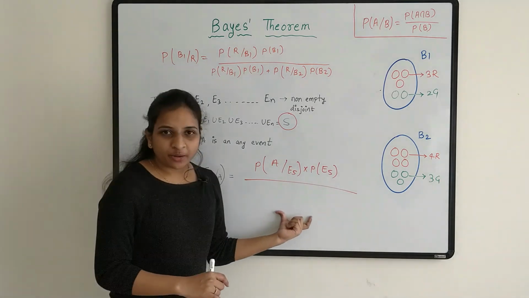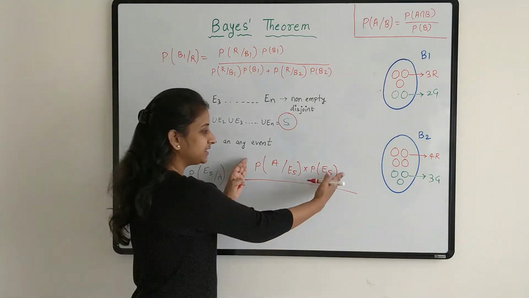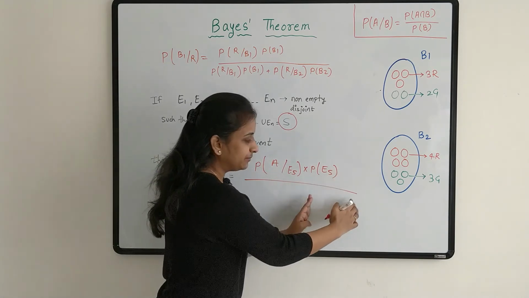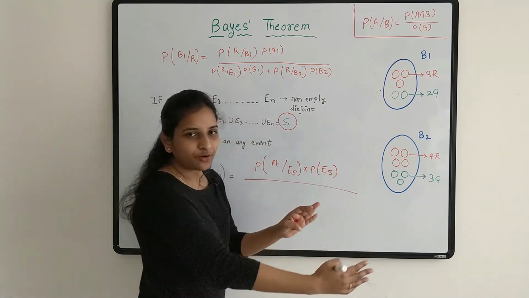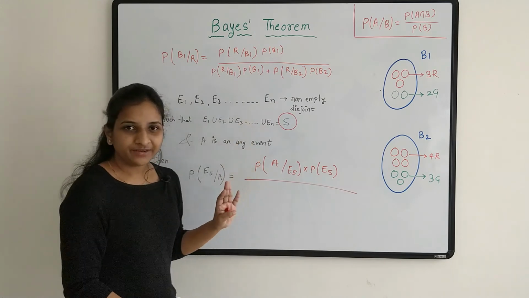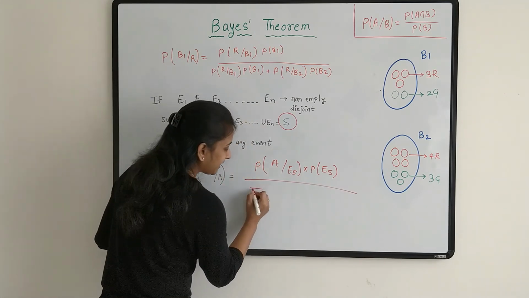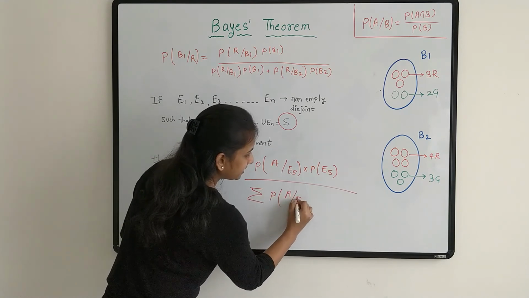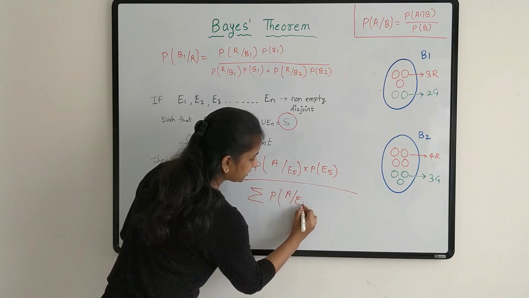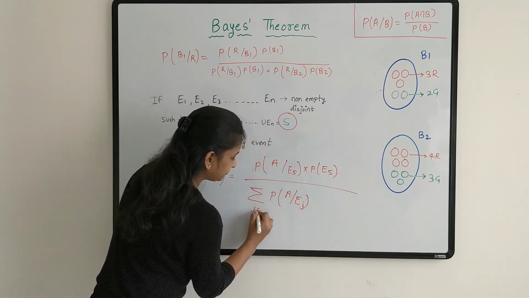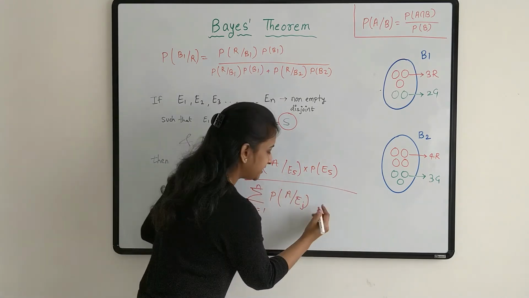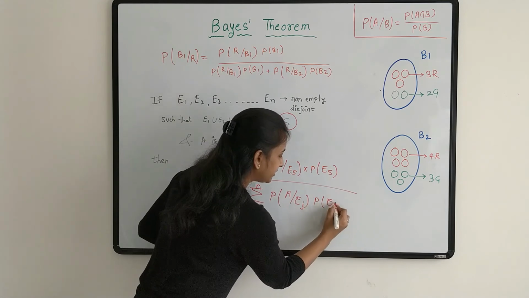What will be the denominator? See, this term for the first event plus for the second plus for the third plus for the nth event. Fine. So in general I can write summation of probability of A given event Ej, where j varies from 1 to n, into probability of event Ej. I am writing the whole thing for n terms.